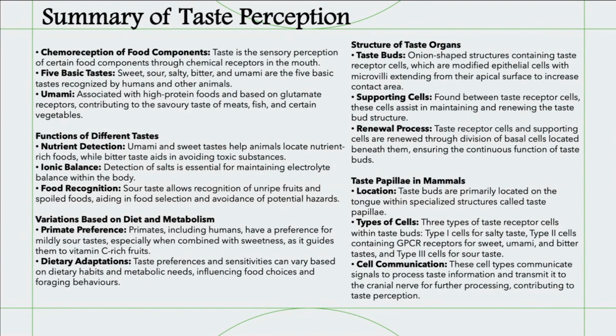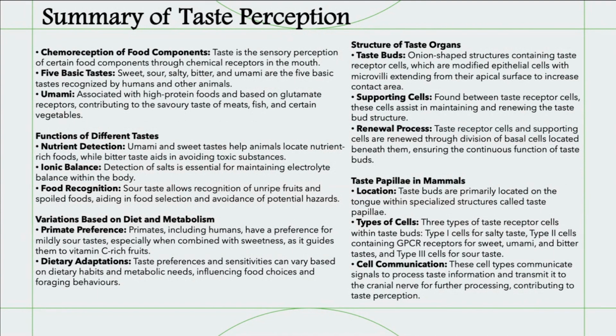Umami is associated with high protein foods. So animals which are constantly having a high protein diet, so for example, animals which are carnivores, are going to have better developed umami receptors because that is all that they are exposed to. Okay? There are some vegetables which would give a savory taste, but again, it's mostly meats that would have this umami savory taste.